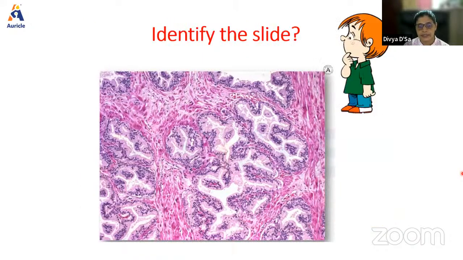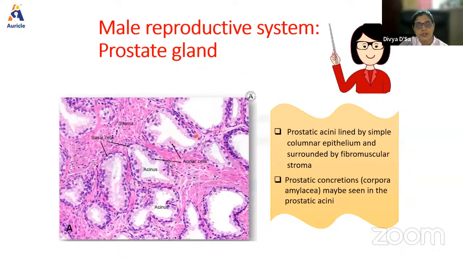Okay, what is this slide now? If you see here, we are seeing this acinus, which is the prostatic acinus. This last slide is of the prostate. Here we'll have the prostatic acini. Within the acini, if this section is from an older person, it will have prostatic concretions, otherwise called corpora amylacea or amyloid bodies.